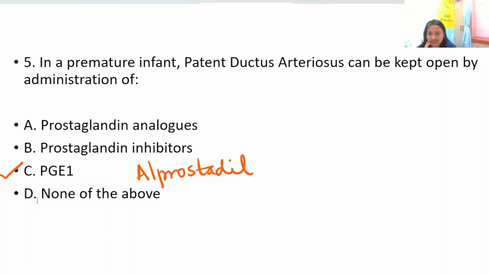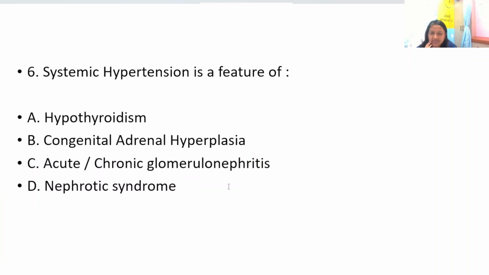Alprostadil is the generic name of PGE1 and that is used in premature infants to keep the ductus arteriosus open. Systemic hypertension is a feature of, what are the options? Hypothyroidism, congenital adrenal hyperplasia, acute or chronic glomerulonephritis and nephrotic syndrome. So nephrotic syndrome does not present with systemic hypertension. It may present with hypotension because of third spacing and fluid extravasation.